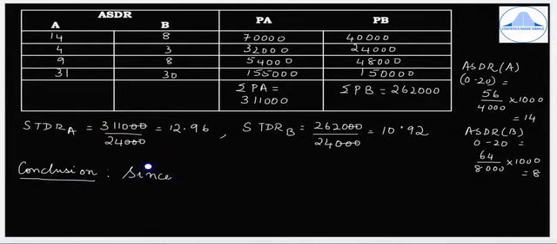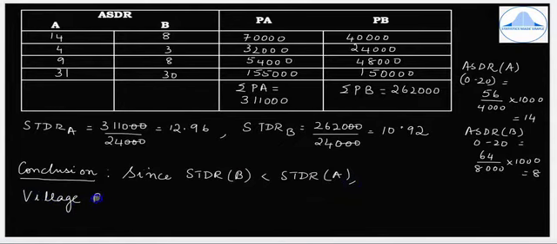You can write: since STDR of B is less than STDR of A, we conclude that village B is healthier. It's important that you write the reason why a particular village, town or city is healthier.